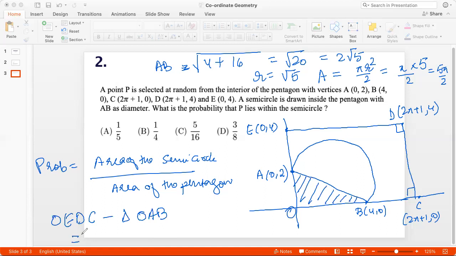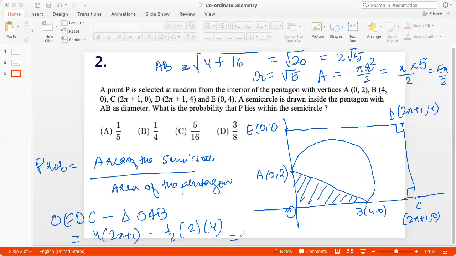So OEDC would be 4 multiplied by (2 pi plus 1), because 4 is the height of the rectangle and 2 pi plus 1 is the base, minus half times 2 into 4, because 2 and 4 are the base and the height of the triangle.